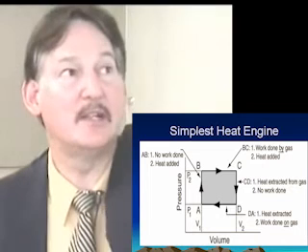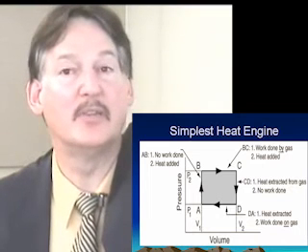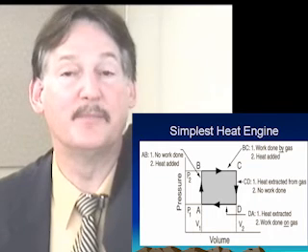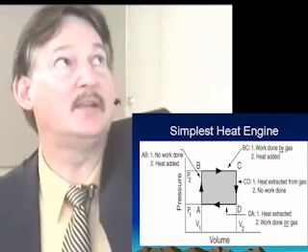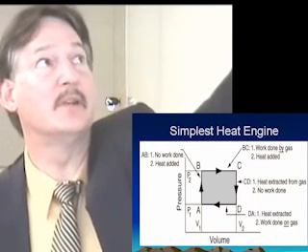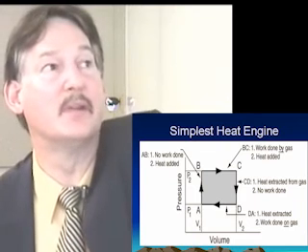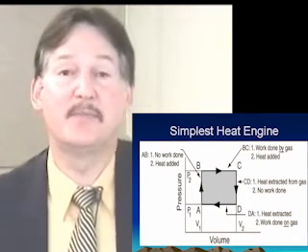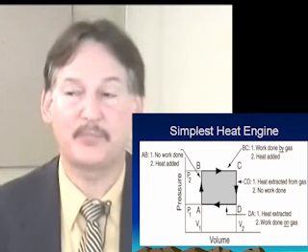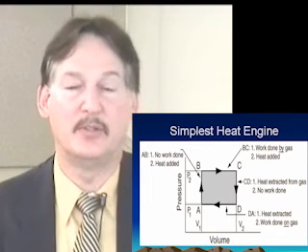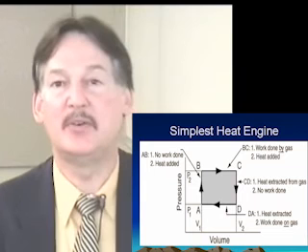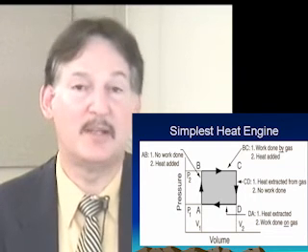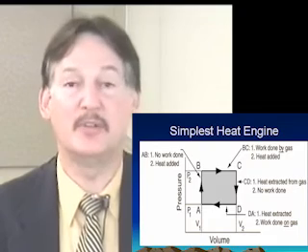And that shaded area represents the work done by the engine in taking heat, which is added to it in the first step as well as the second step, and then throwing away heat in the third and fourth steps. So the difference between the heat put in and the heat thrown away represents the work the engine does, and that can be represented by this shaded area enclosed in the cycle.